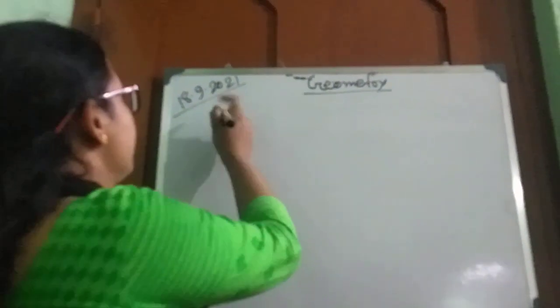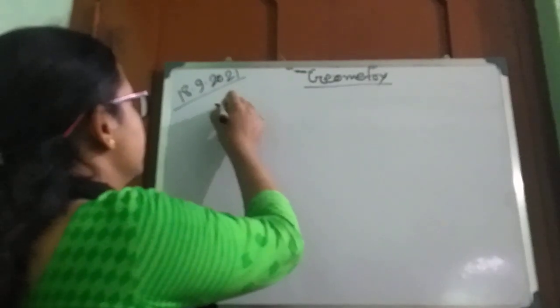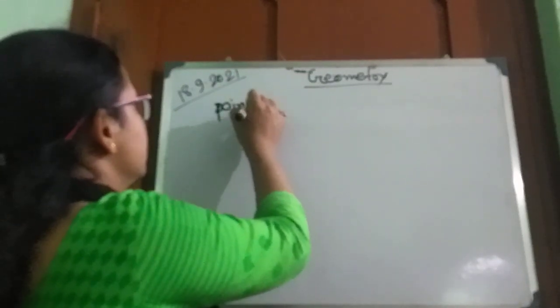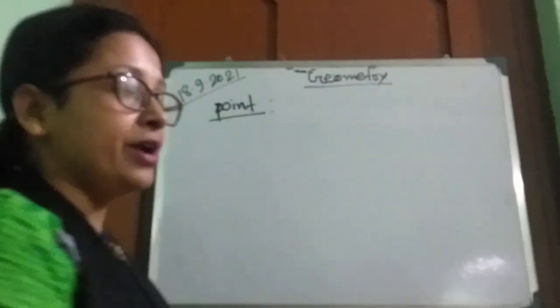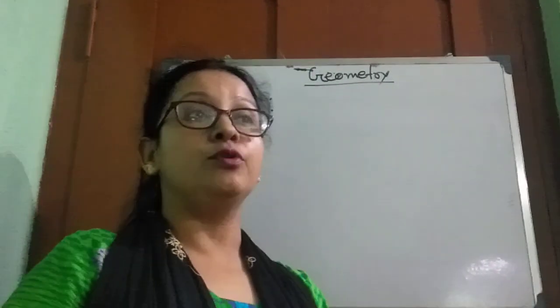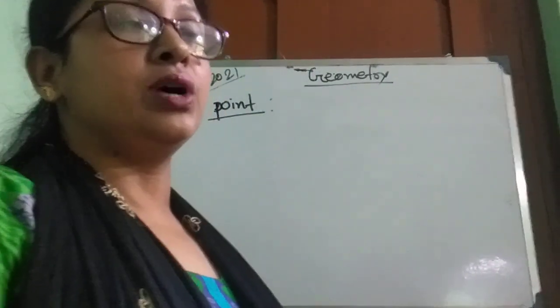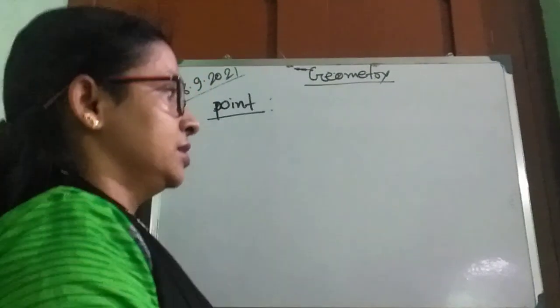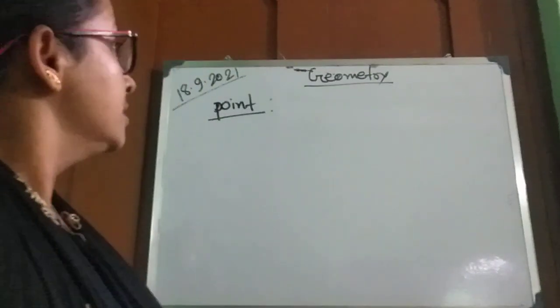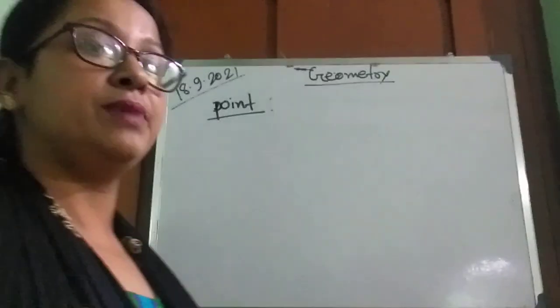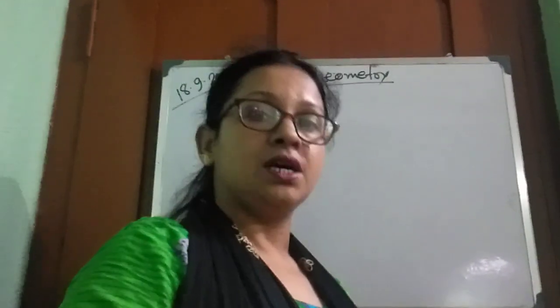First I will say point. Point means position. What is point? Point is a position. It is represented by a dot, which is made by a pencil.